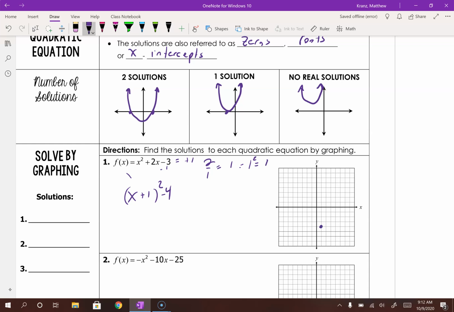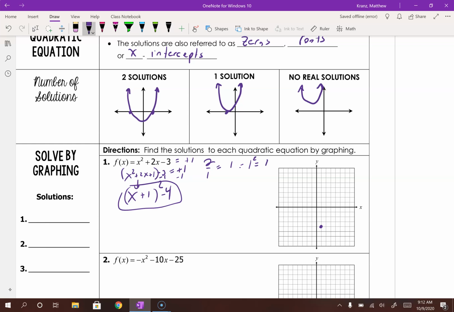If I were to do the whole thing, minus 3 equals plus 1, right? This part becomes this, and then when I minus 1 and minus 1, I get this. So that is my vertex.